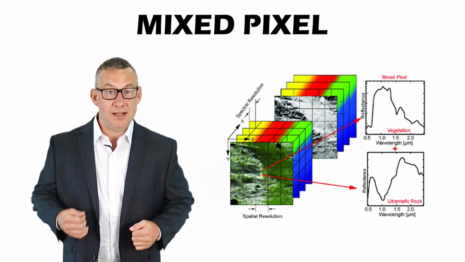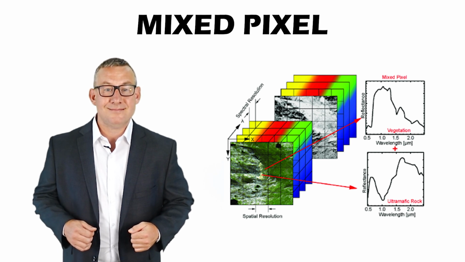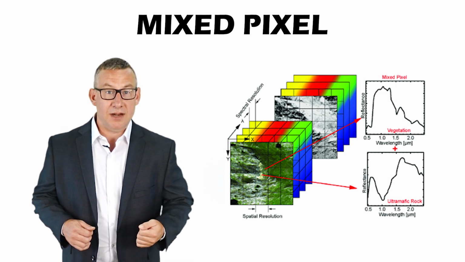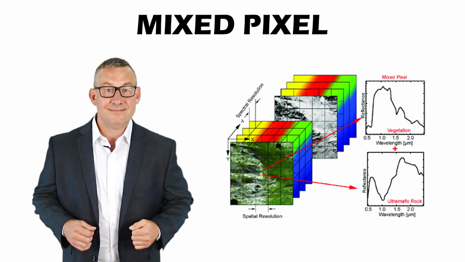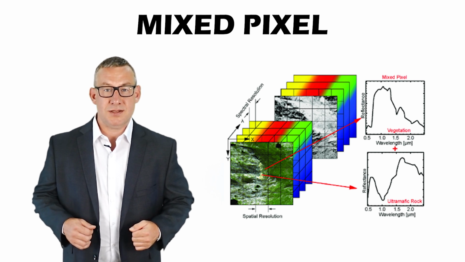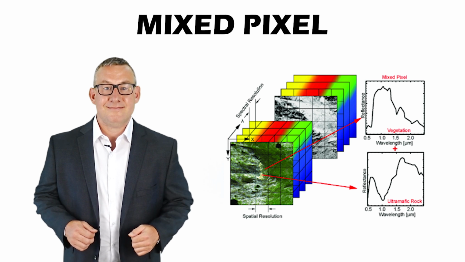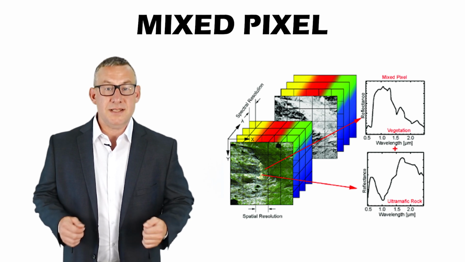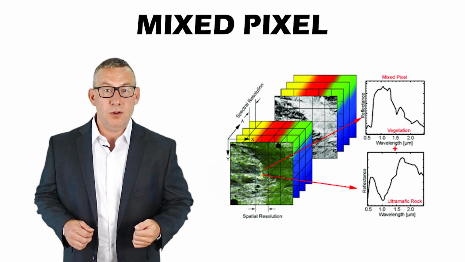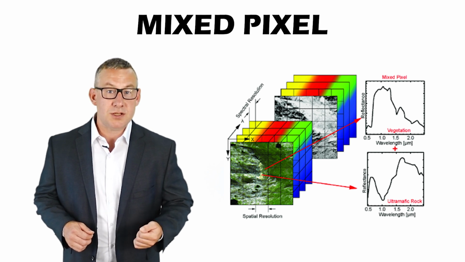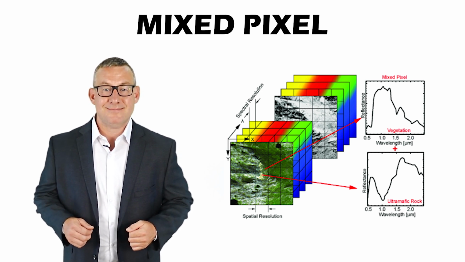You could use a fuzzy classification. You could assign a mixed category. Or you could reduce the pixel cell size. All of these solutions to the mixed pixel problem will result in data loss or increased file size.